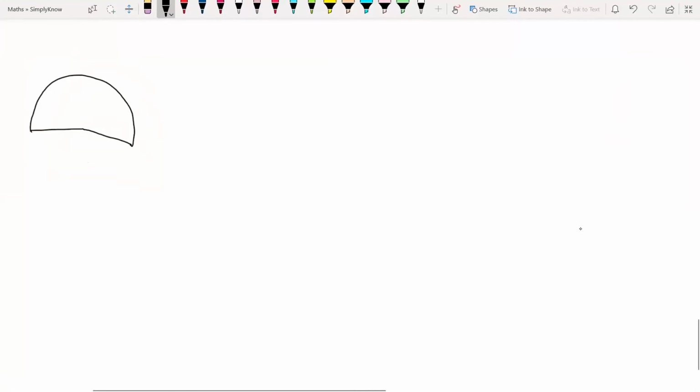Okay, now let's take this sector. The theta is 200 degrees. And here it's 7 centimeters. So this is our radius. Okay, now let's find out the perimeter here. Now I'm not going to write again our formula.